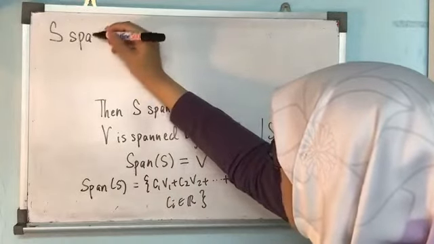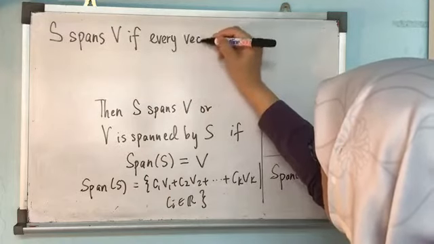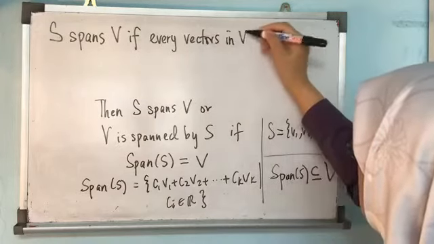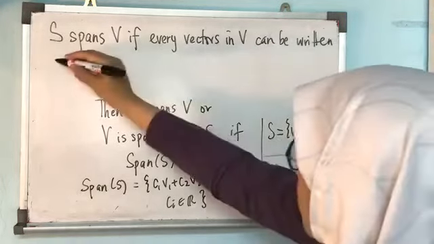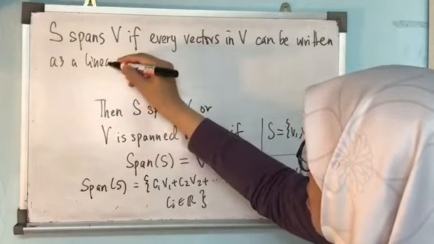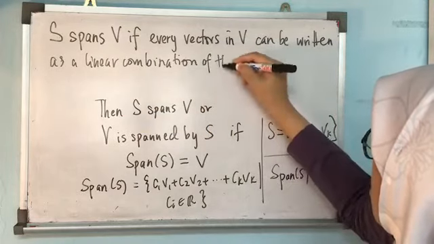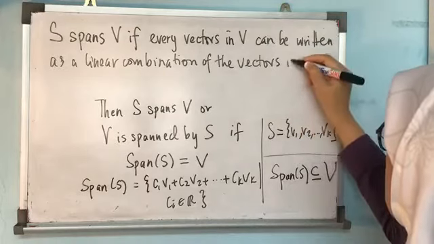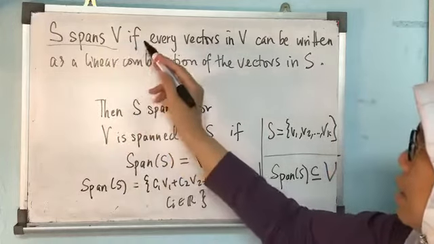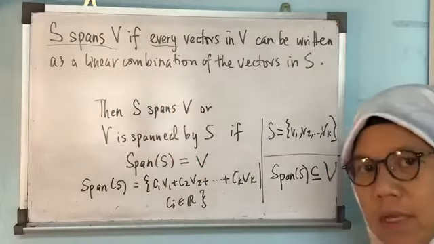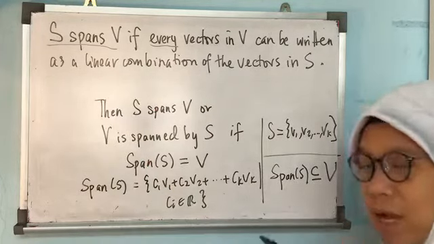S spans V if every vectors in V can be written as a linear combination of the vectors in S. S spans V if every vectors in V can be written as a linear combination of the vectors in S, meaning you can find the C's.